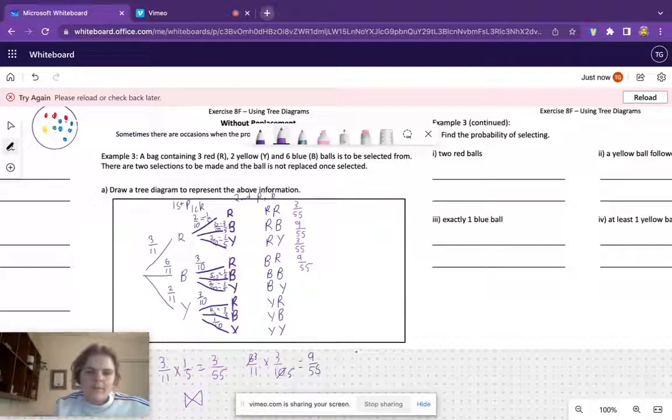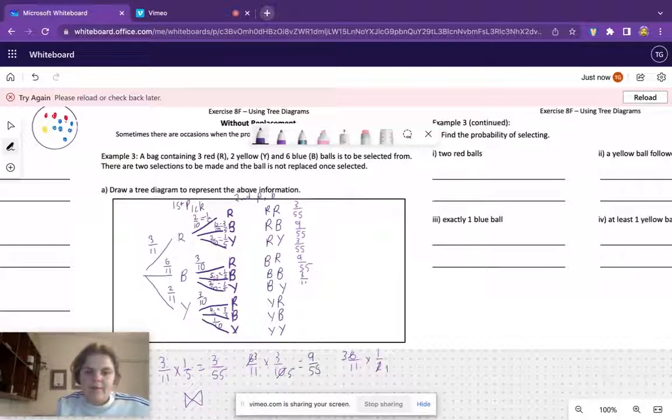Again, next one is 6 out of 11 times a half. So we get another little opportunity to cancel down here because we've got common factors. So this one's 3 out of 11.